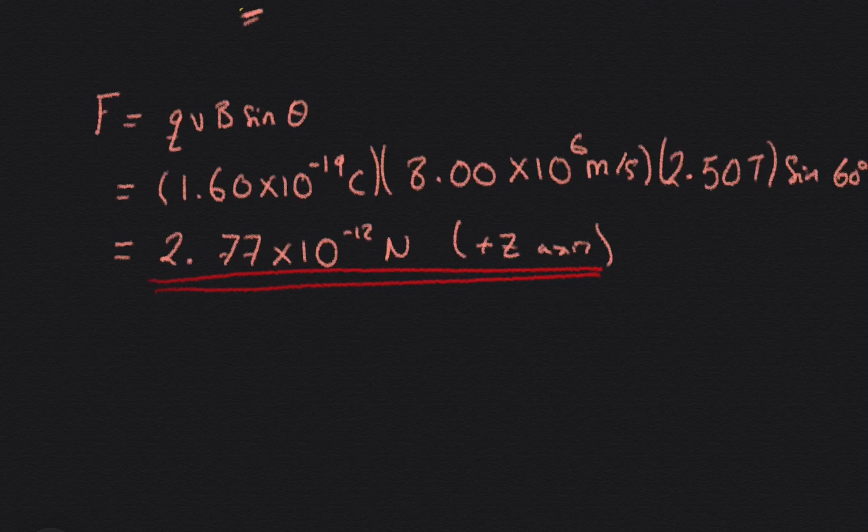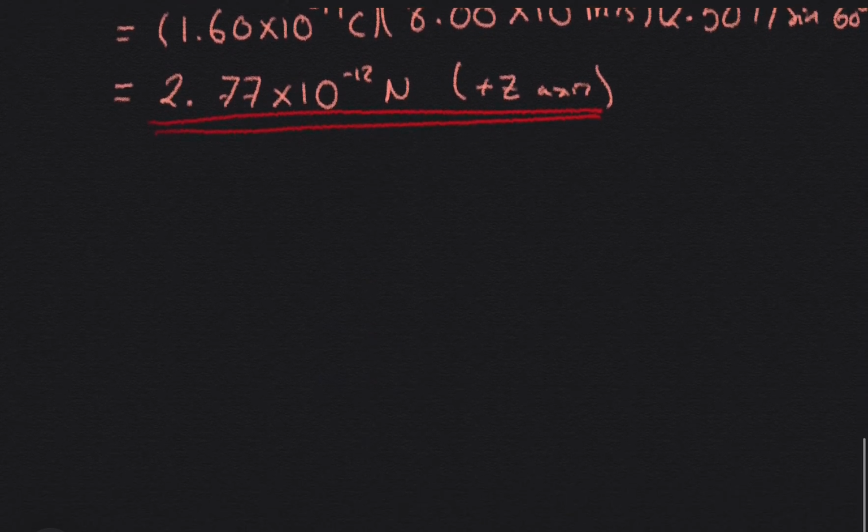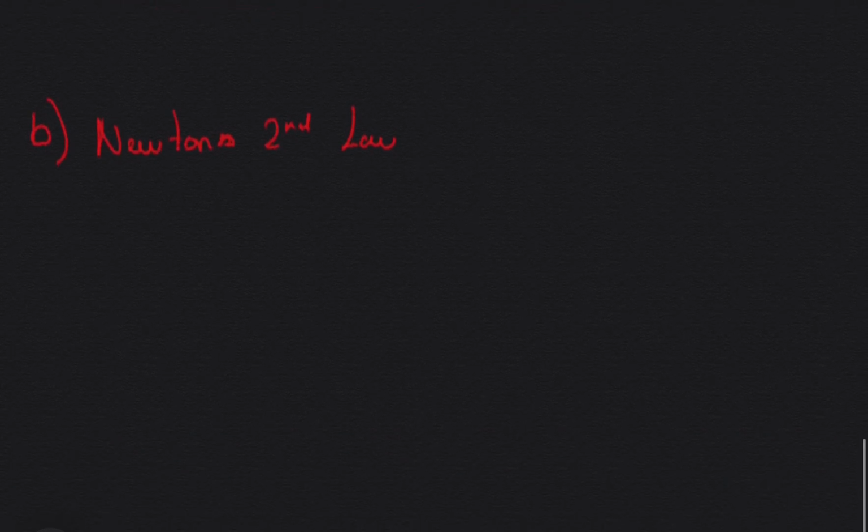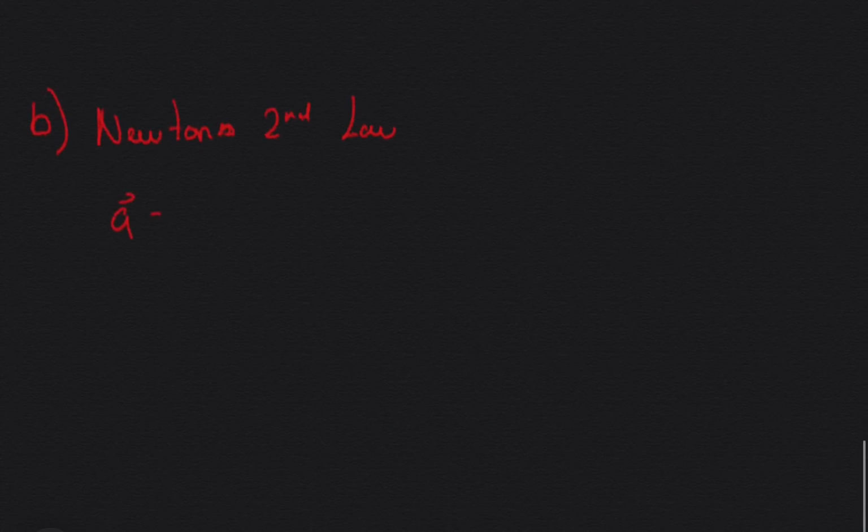Okay, and then the second part of this question is to find the acceleration. So we are going to use Newton's second law. Let me write this down. Okay, so we have here that the acceleration will be equal to the force divided by the mass.